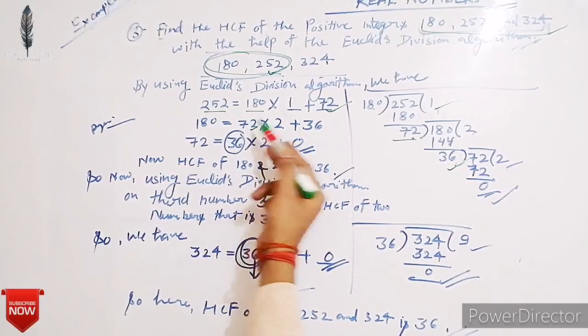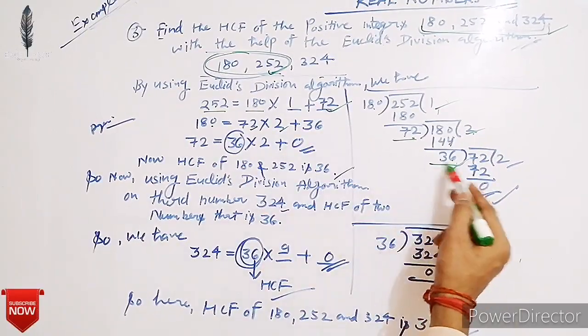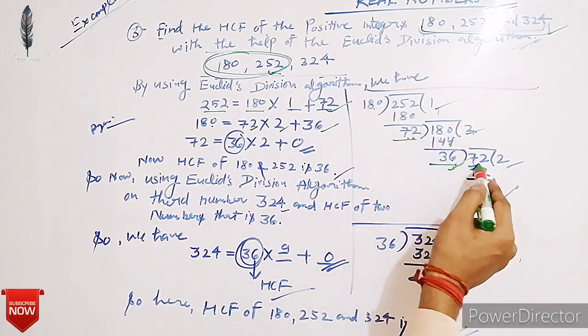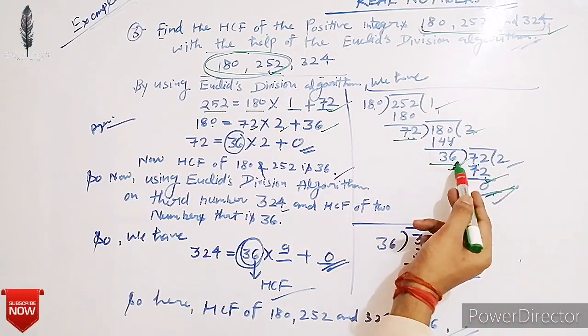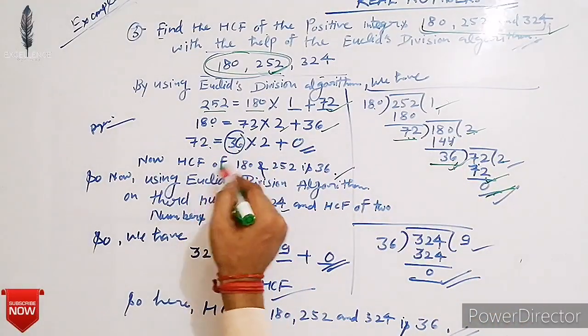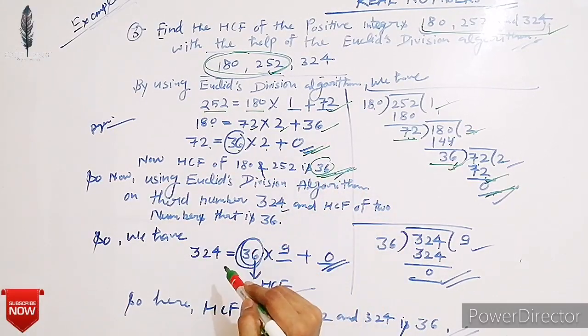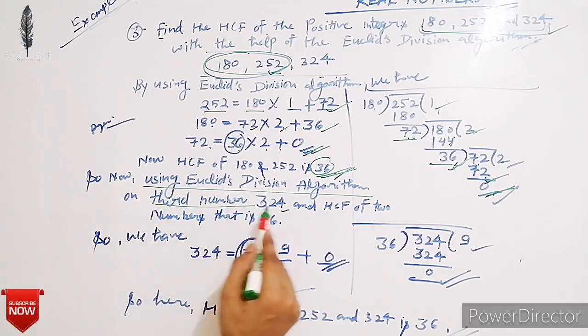Here 72 does not equal 0. So again we apply Euclid's division algorithm. So here 180 is equal to 72 into 2 plus 36. Here 36 does not equal 0. So here 72 is equal to 36 into 2 plus remainder 0. Okay. So now the HCF of 180 and 252 is 36.